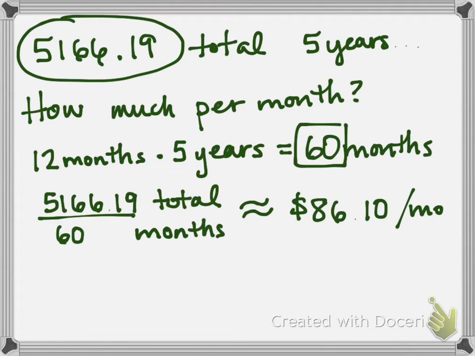So the total amount I'd have to pay is $5,166 for my $4,000 car, and how much I have to pay each month is $86.10. That's actually pretty cheap, but it was a cheap car. So let's do another example.